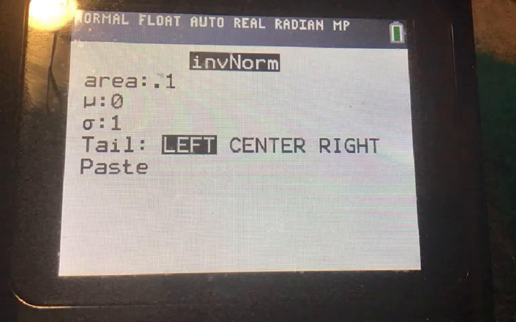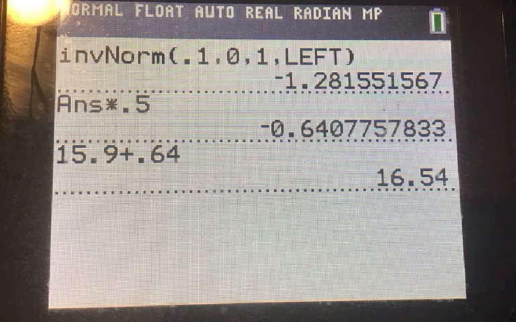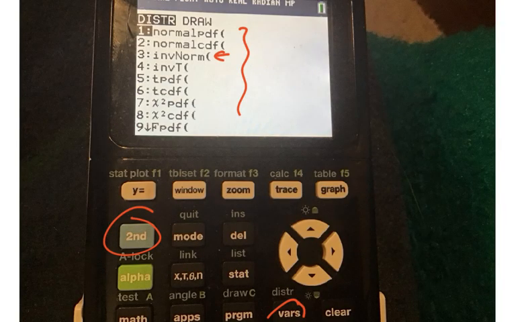So we're going to select inverse norm. We know our area was 10%. Now, whenever you leave it at 0 and 1, guys, that means it's going to be the z or standardized score. Okay? And then, of course, our result was negative 1.28.